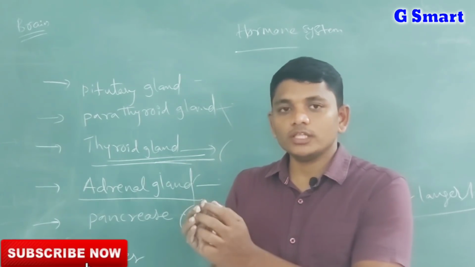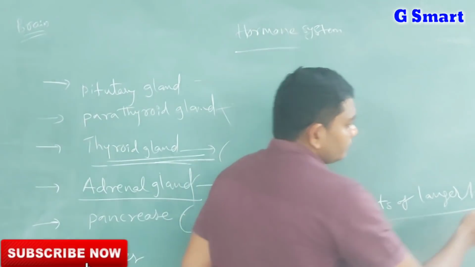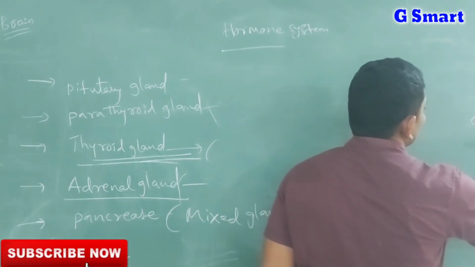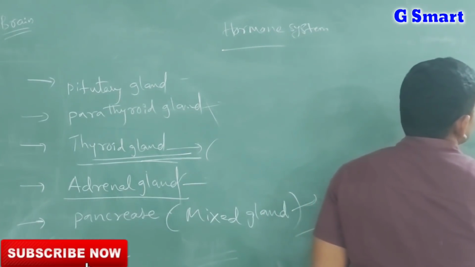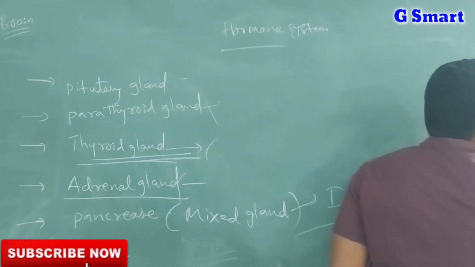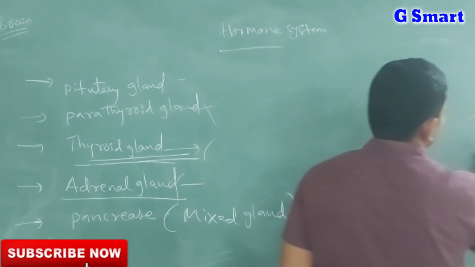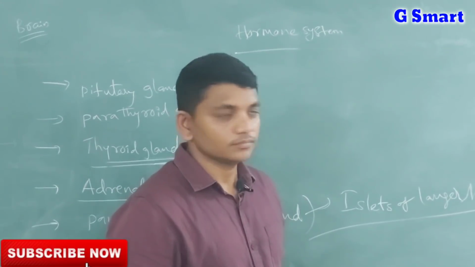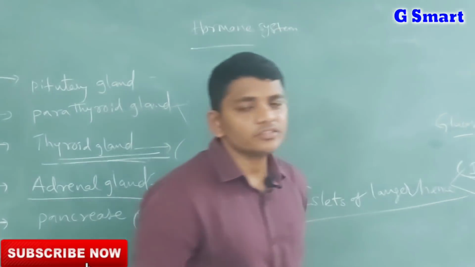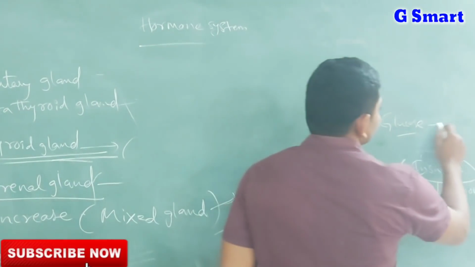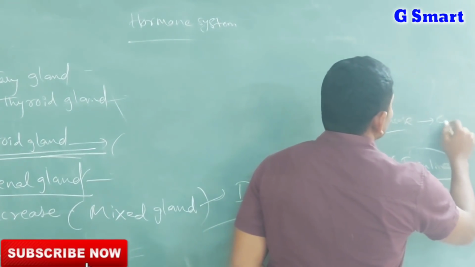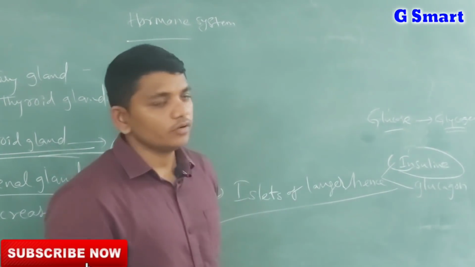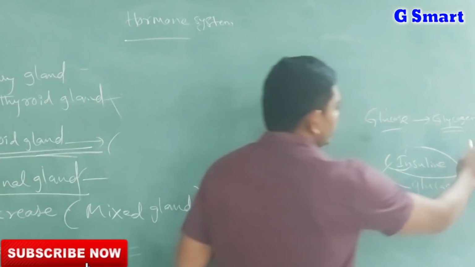Insulin converts the glucose into glycogen and stores it in the liver.